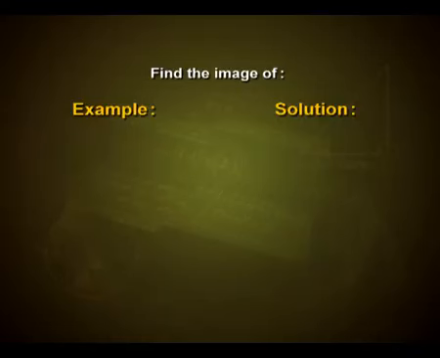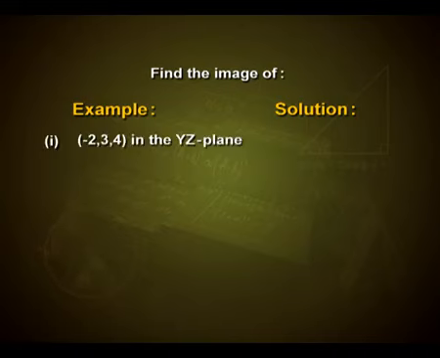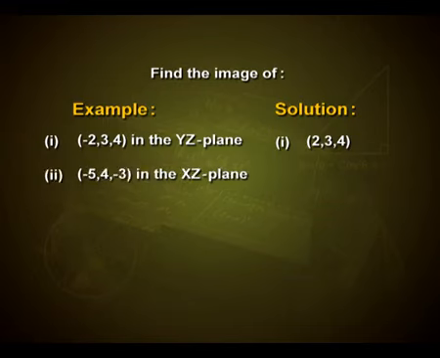Find the image of point (-2, 3, 4) in the yz plane. Its image will be (2, 3, 4). Image of (-5, 4, -3) in the xz plane will be (-5, -4, -3).